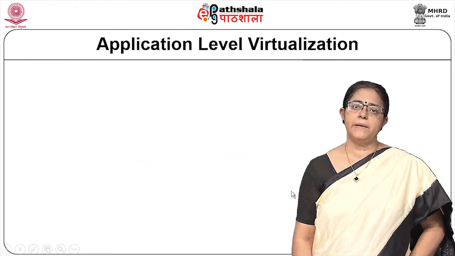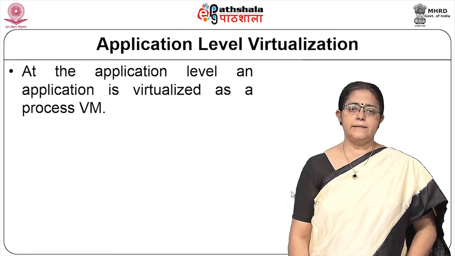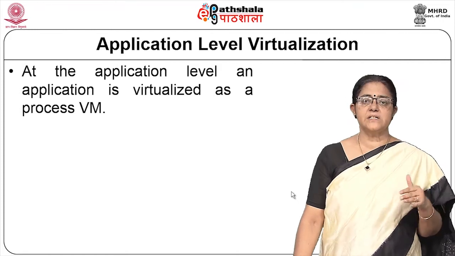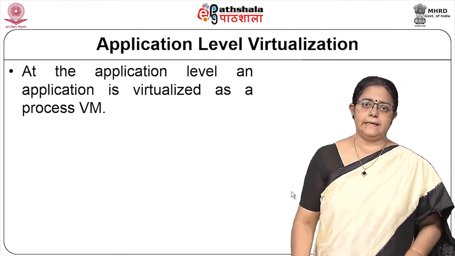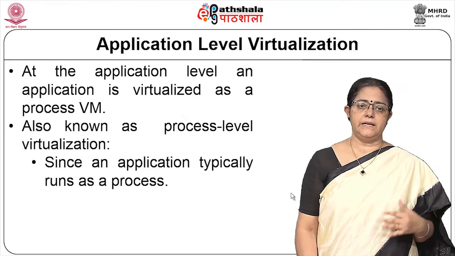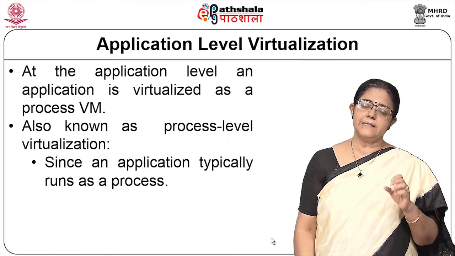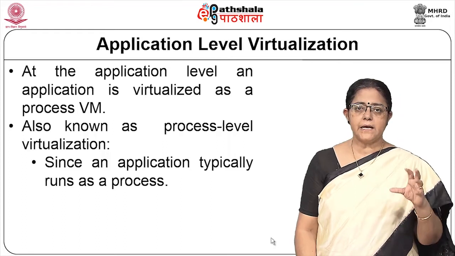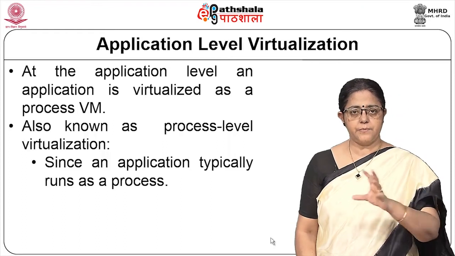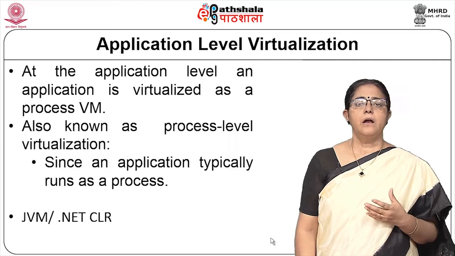First, we look at the application level virtualization. This is the process VM, as we will see a little later. This is the application level virtualization. Typically this creates a separate process for applications.